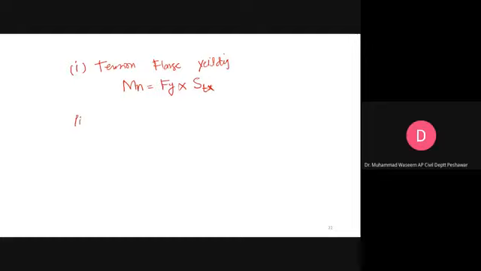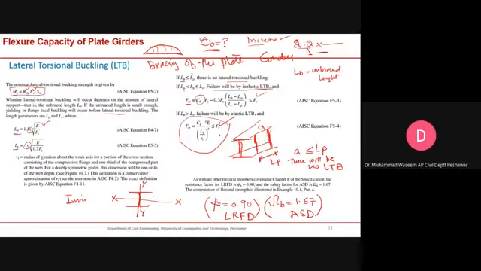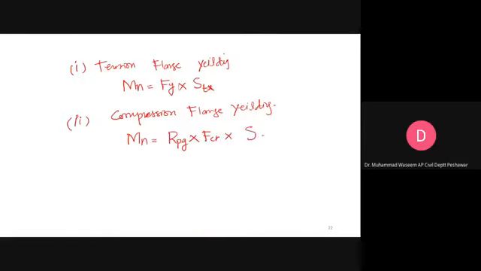The second limit state was compression flange yielding. In this case, we had this moment reduction factor, and you were multiplying it with the Fcr, and I think there was a third factor. Yes, this one. So we were using these equations, okay?